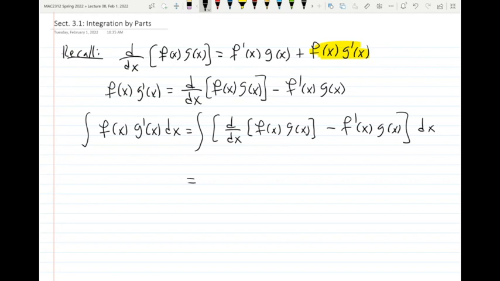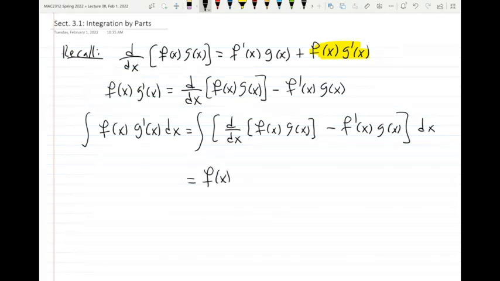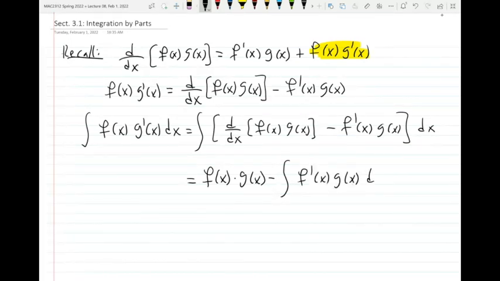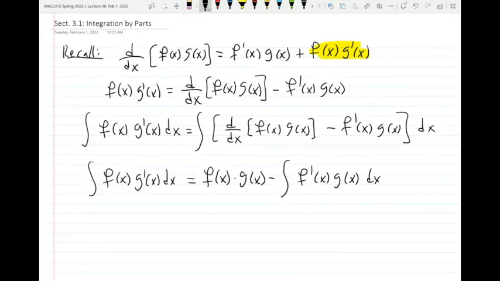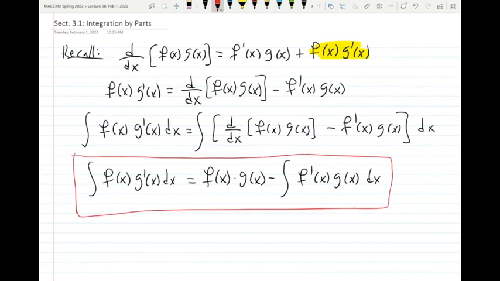So when I split the integral, it cancels out, so you get f times g minus the integral of f prime g of x dx. This right here is what we call the integration by parts formula.